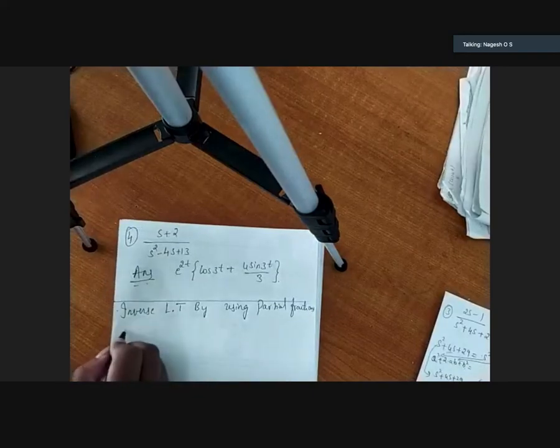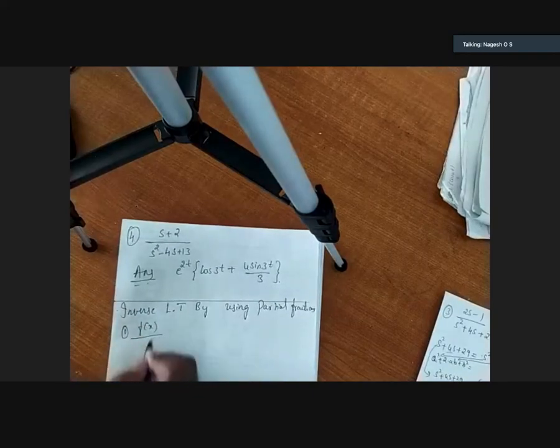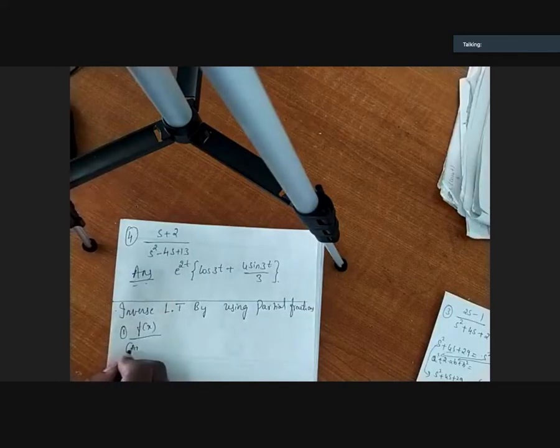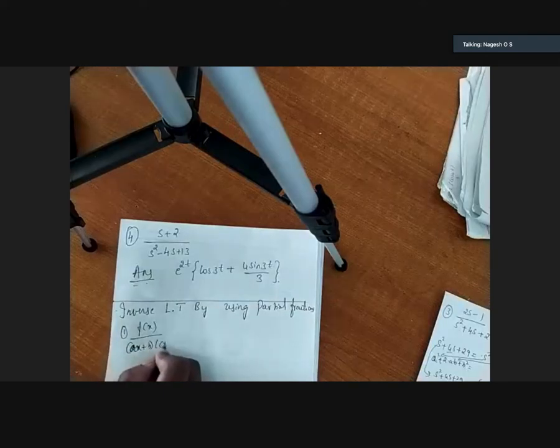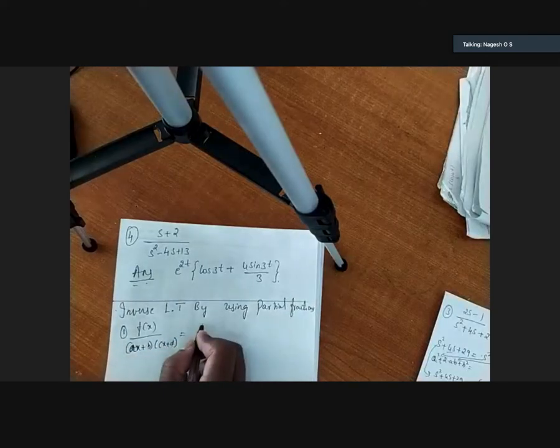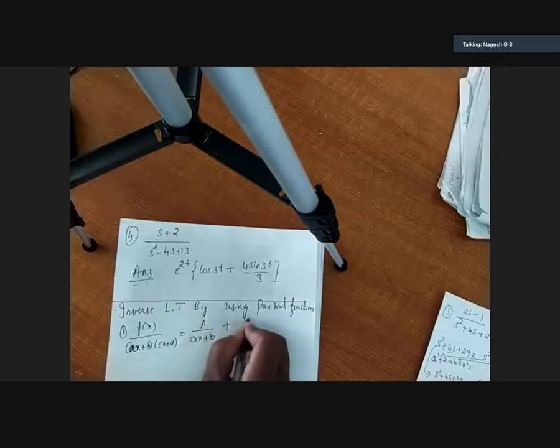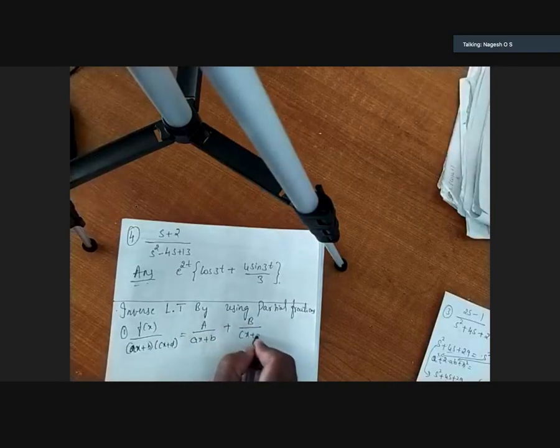You know partial fractions. I will just repeat. If f of x by (ax plus b) into (cx plus d) you have, then you will write capital A by (ax plus b) plus capital B by (cx plus d).